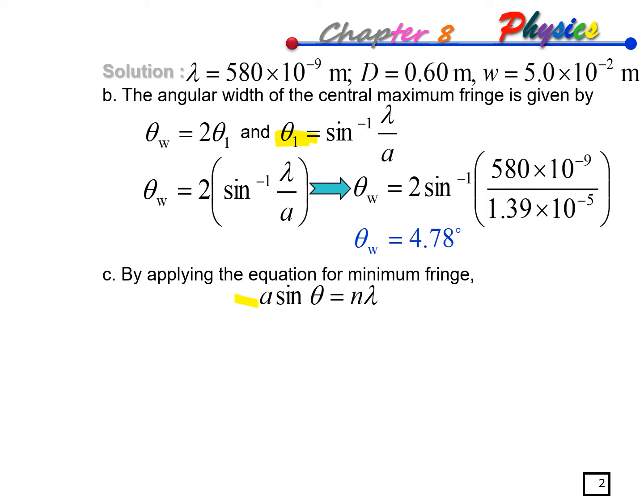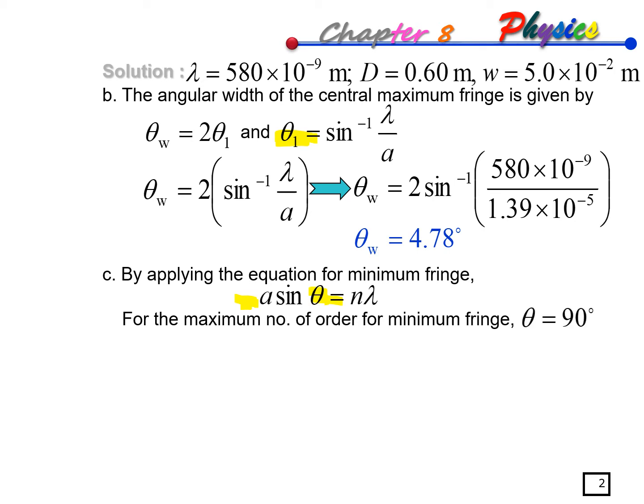This is the equation that we can use to obtain the number of minima. Whenever we want to calculate the number of fringes that we can observe, the angle will become 90 degrees for the maximum order. This is the furthest it can refract away from the central bright. After this you won't have any pattern observed, so this will be the highest angle that you can observe.